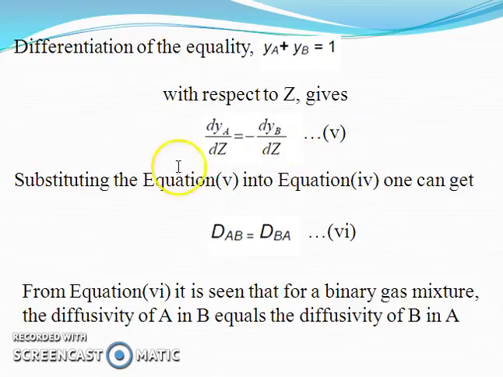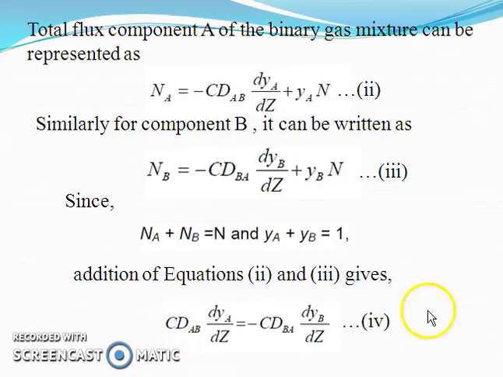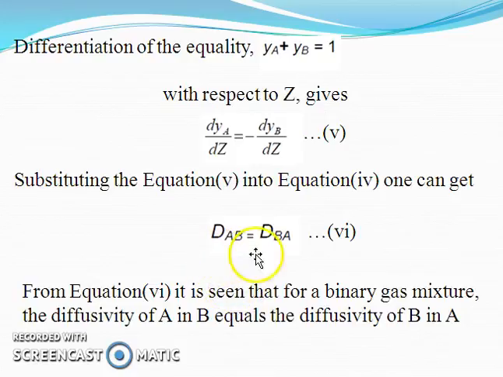If we substitute this in our earlier equation, equation 4, we get that D_AB is equal to D_BA.